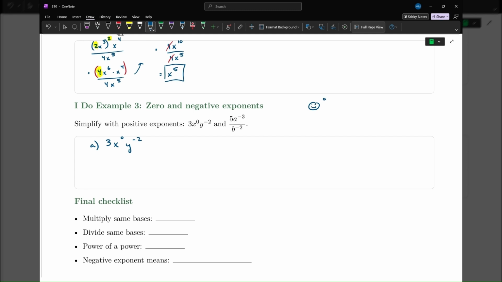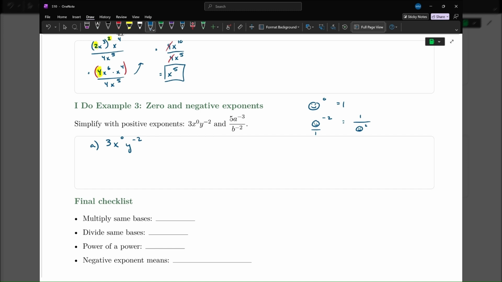If I have a smiley face to the 0, anything to the power of 0 is going to be 1. Negative exponents: if I have a smiley face to the negative 2, it's going to be the same as 1 over smiley face to the power of 2. So it basically says flip the fraction. And if there wasn't a fraction, just put it over 1 and make it a fraction.